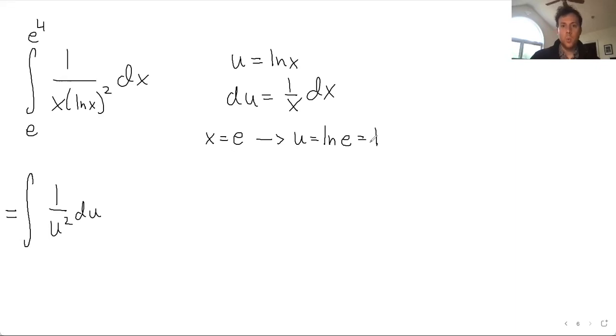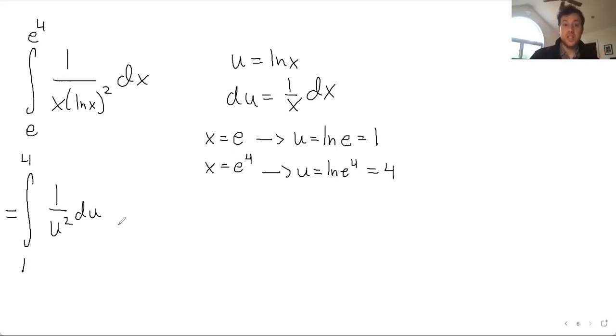And we get 1 out. And then do the same thing with the top. x equals e to the 4th, put that into this first equation, the natural log of e to the 4th, and we get 4. And these are our new bounds.